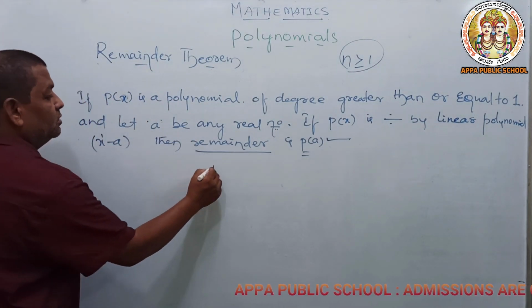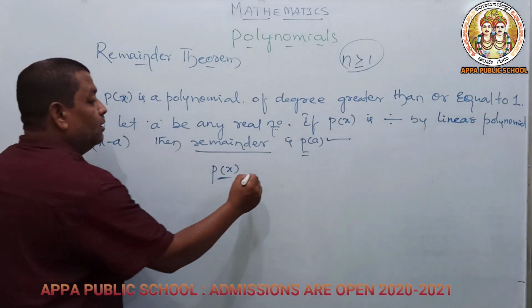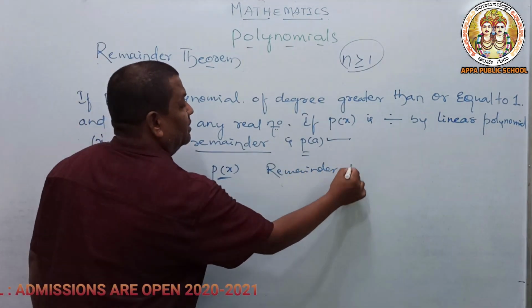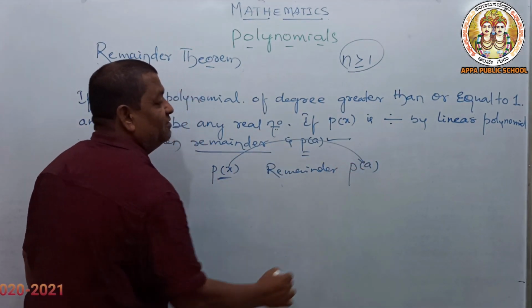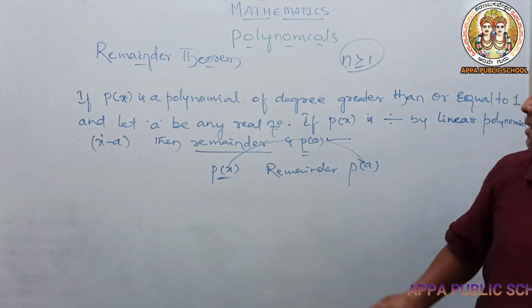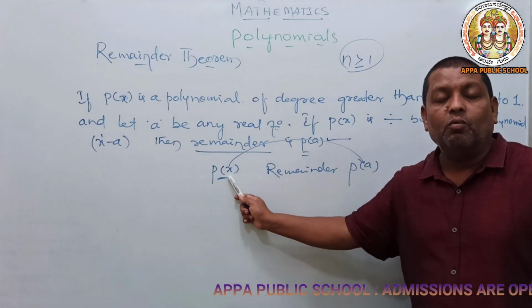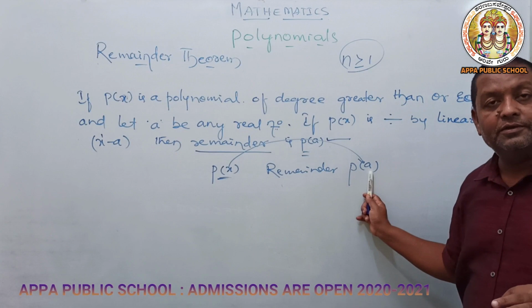What change did we make? P of x is a polynomial, and we got the remainder p of a, meaning x becomes a. That is the main concept. Whatever the value of x is, that becomes the remainder.